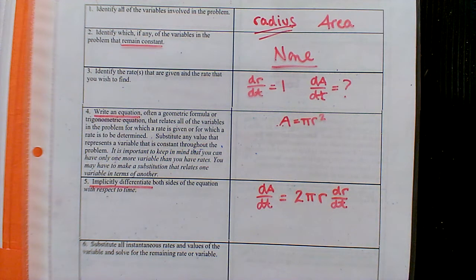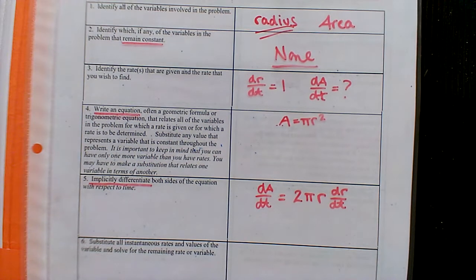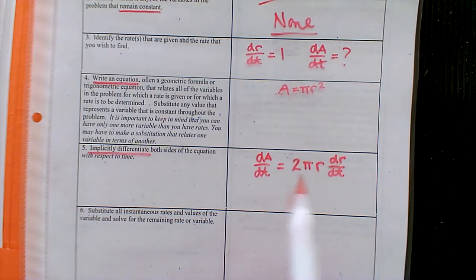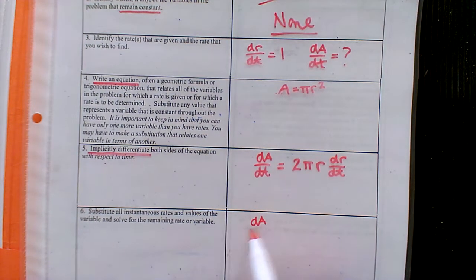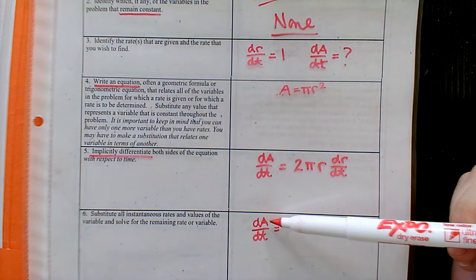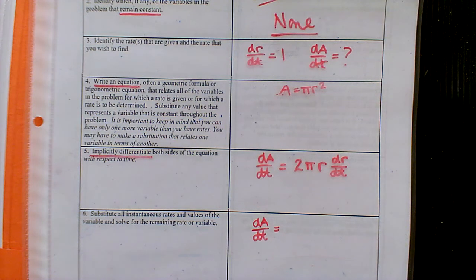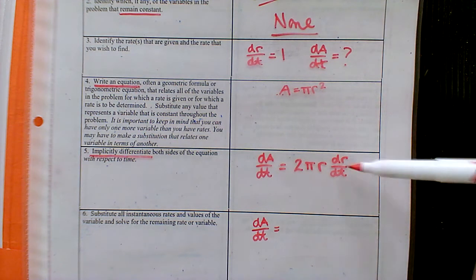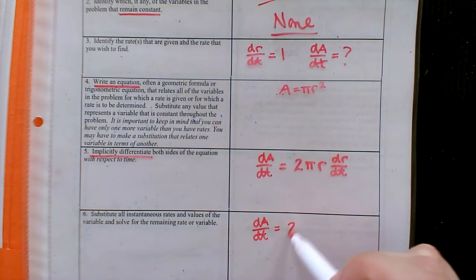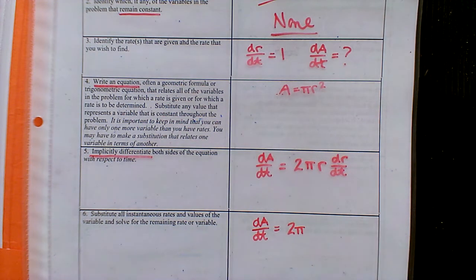Now that we took the derivative, let's substitute in the values that we know. We're trying to figure out dA over dt, so we leave that one blank. But that means we should be able to plug in some value for all the other variables or symbols that are left. Do we know a particular radius for this moment in time?